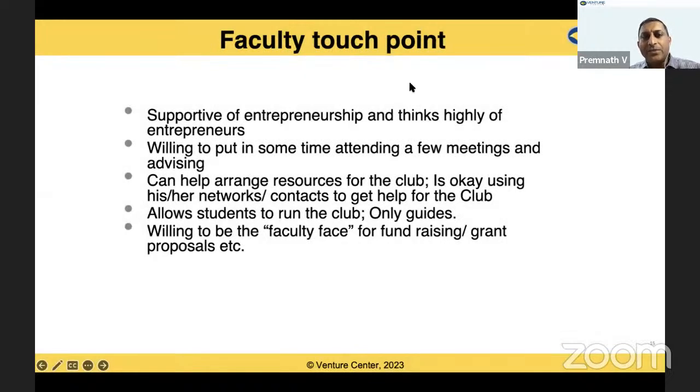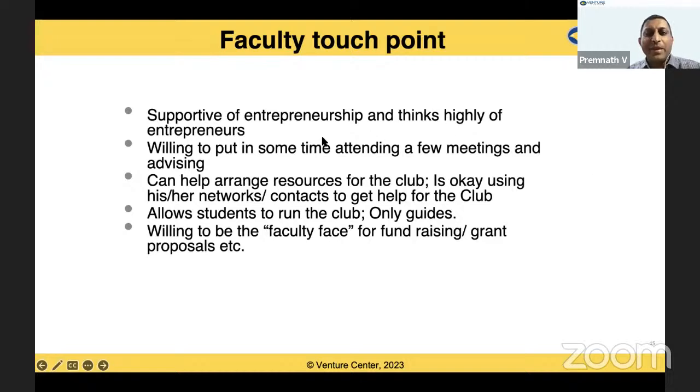The faculty touch point, whoever it is, has to be very supportive of entrepreneurship and should think highly of entrepreneurs. They should also value the fact that there are people like Elon Musk or Kiran Mazumdar-Shaw who shaped society. If their role models are only academics and they play down everybody else, then it's a very difficult situation for the entrepreneurship club.